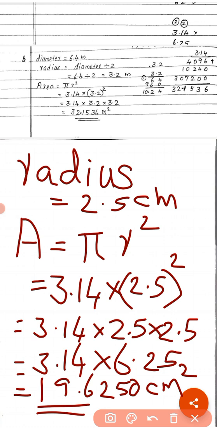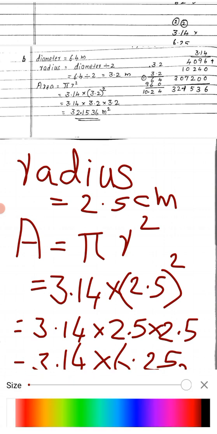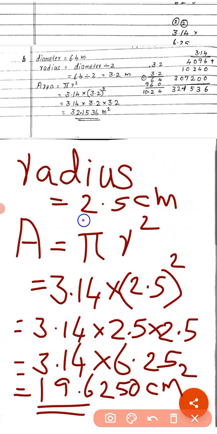So children, here we are finding the area of a circle of radius 2.5 centimeter. We are using this formula pi r squared. The value of pi is approximated as 3.14.